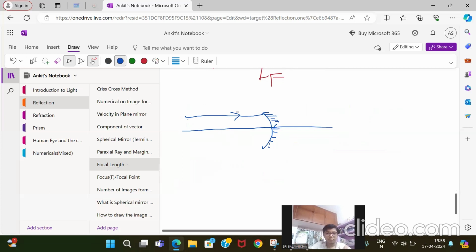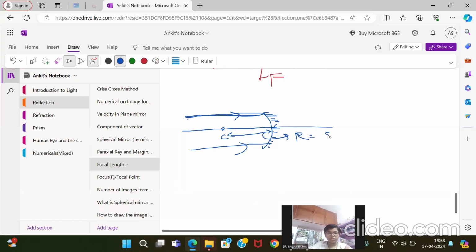This is the last ray. So many rays will be in between. And this is the center. The radius of curvature is 5 centimeter. Clear?